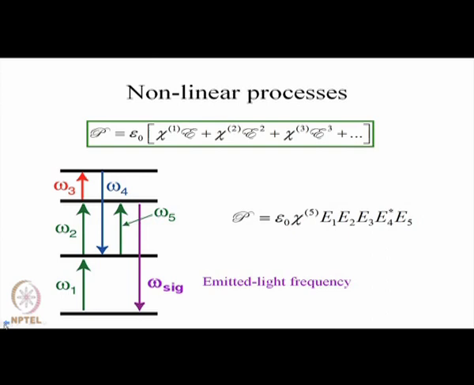So, you see, if it is a two photon process and the intensity is high, then two photon process means omega 1 and omega 2 combine to give you another one. This is called frequency up conversion. Two frequencies combine to give you another frequency. If omega 1 and omega 2 are the same, then it is called second harmonic generation.